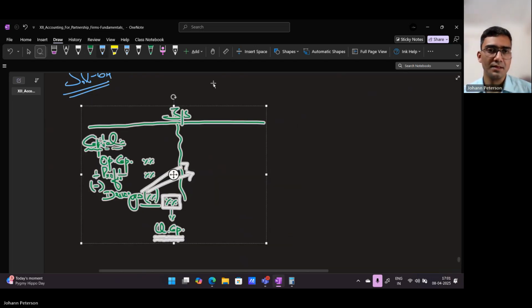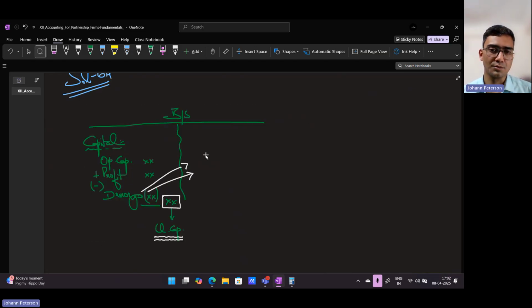In class 11, I'm talking about a balance sheet.